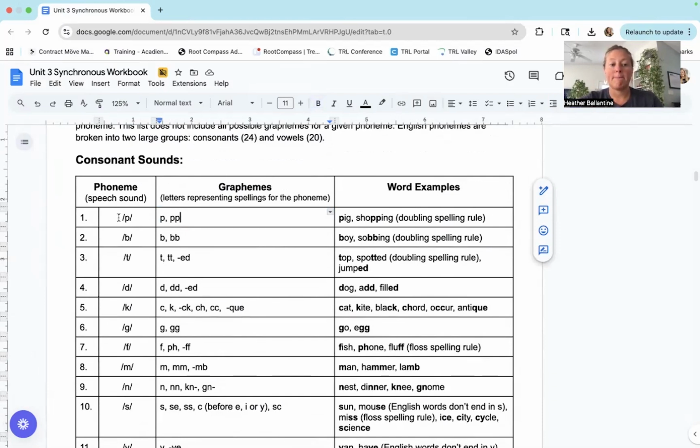So the sound P can be spelled as P, or two P's can represent that single sound P. And so here's an example of what's going on the right. We have pig and shopping. And the reason the P is doubled, but we're not saying P, we're just saying the sound P, is because of something called the doubling rule, which we're not going to get into right now.